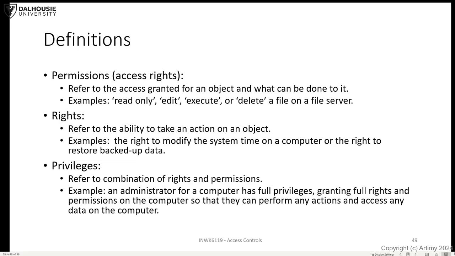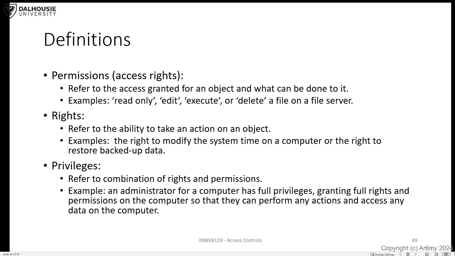So examples, modifying a system or restoring backup data, that's an actual action. When we talk about privileges, we talk about the combination of the two, right? So these are definitions of terms that are being used in different operating systems and different information systems.